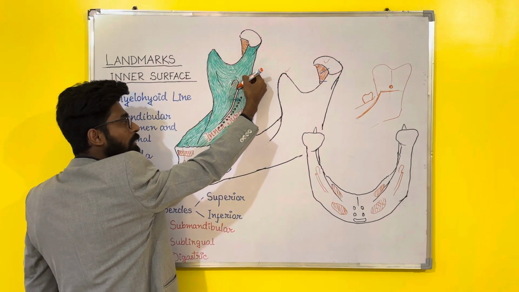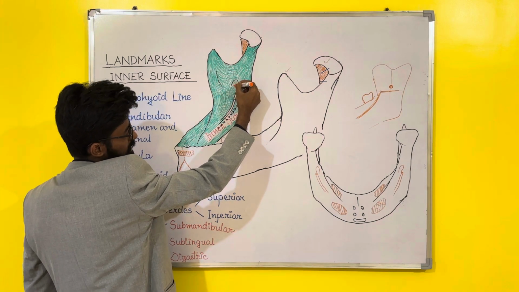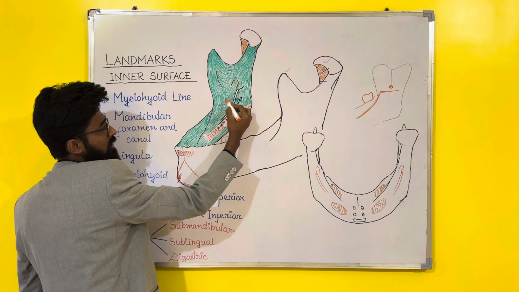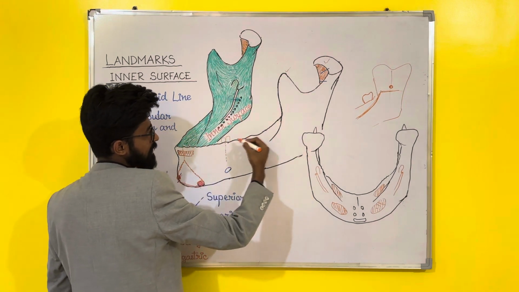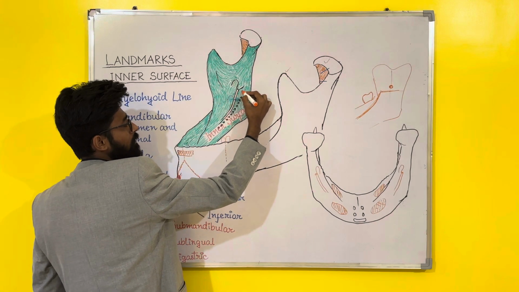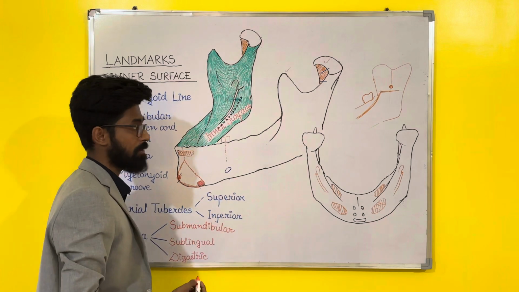It is present slightly above the center of the ramus, at the level of the occlusal surfaces of the teeth. This is the occlusal surface. It is at the level of the occlusal surface and slightly above the center of the ramus.